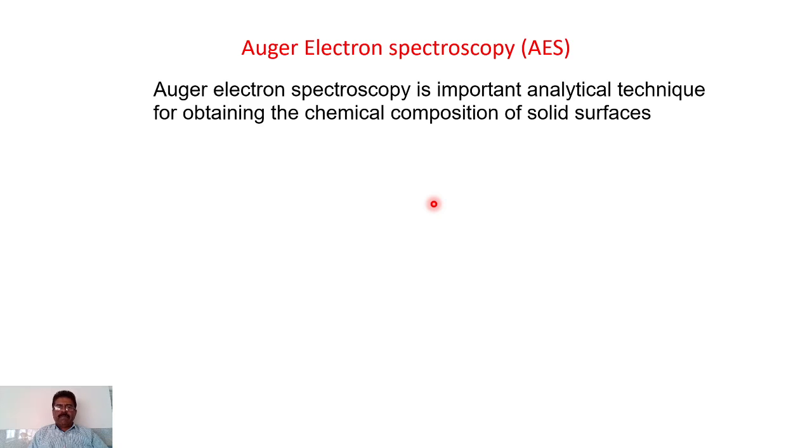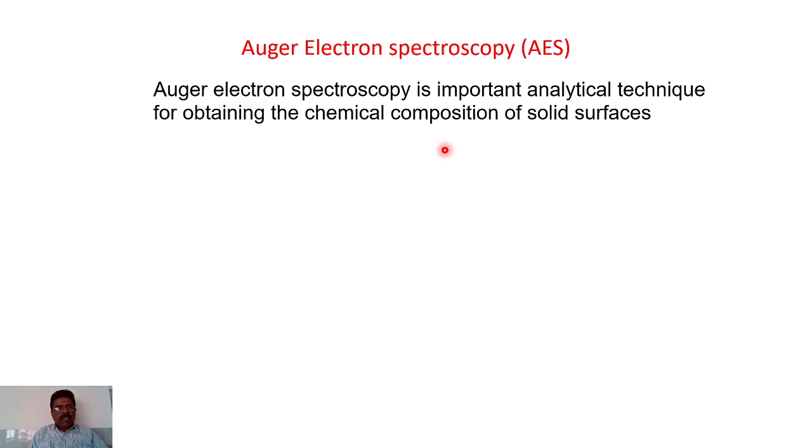So what is the chemical composition of solid surfaces? If you have a particular solid sample, there may be different atoms present in it, and you want to know which particular atoms are present in the given sample. So you just take the Auger electron spectra of that solid sample. That means you bombard electrons, just like we bombard electrons on the target material while producing X-rays.